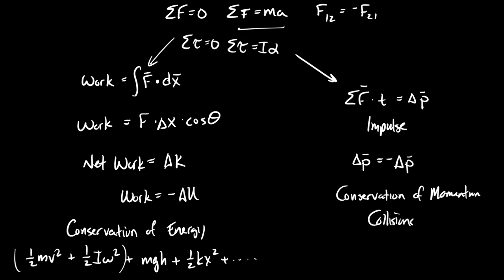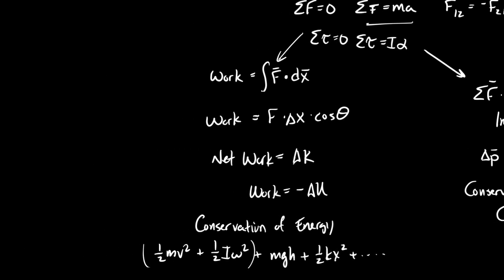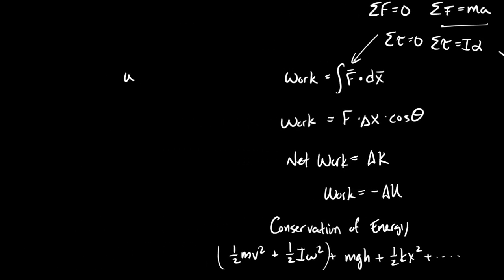So although it shouldn't be a stretch to consider work from two different angles, one of them being work done by a force, is it too hard to recognize that there's got to be some kind of similar analogy to work done by a torque? And it's got to work this way.